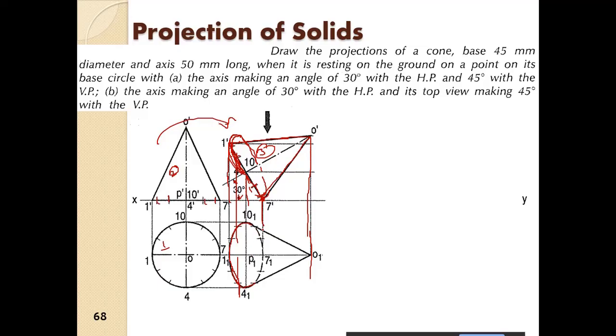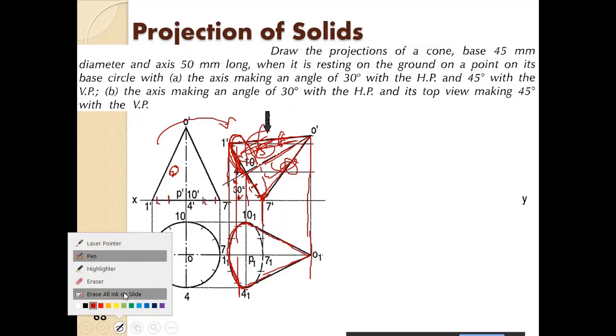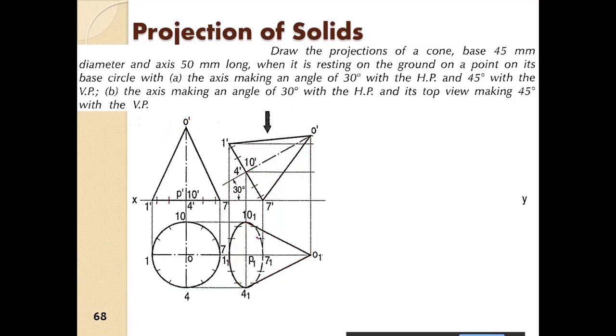So this is the surface of the cone that you will see. This part you will not see. This part of the cone, the top part, you will see. So that is what the projections here are.